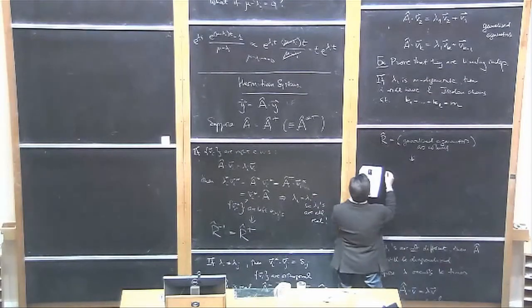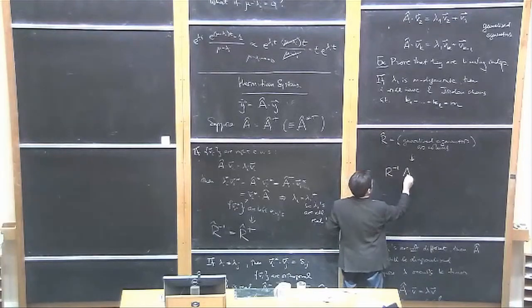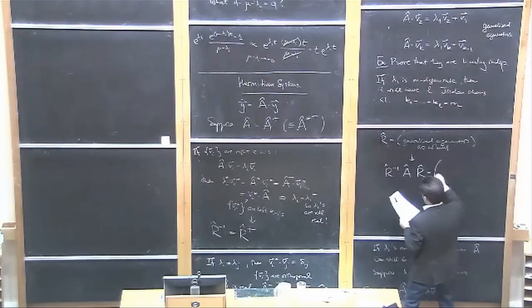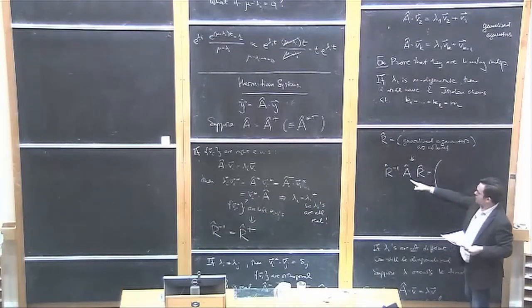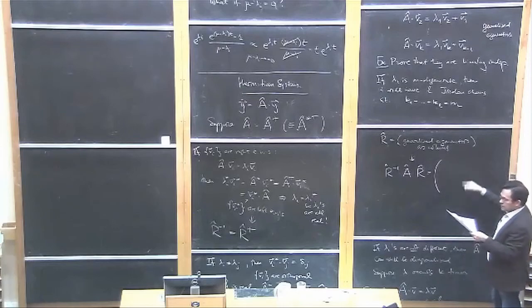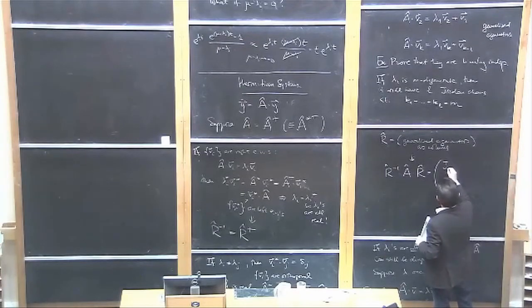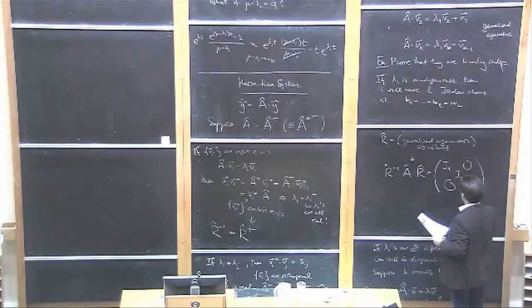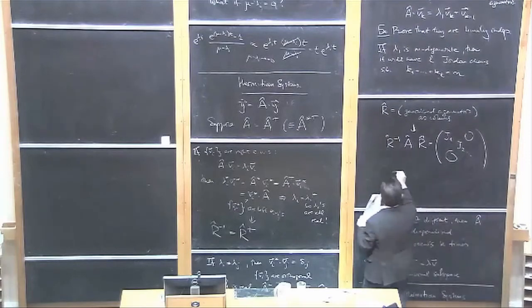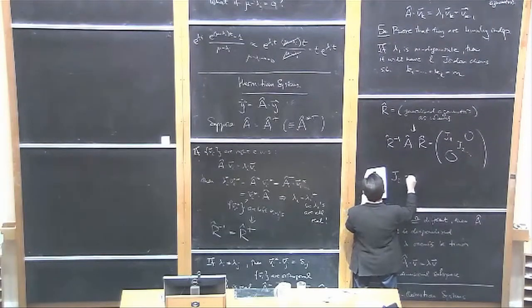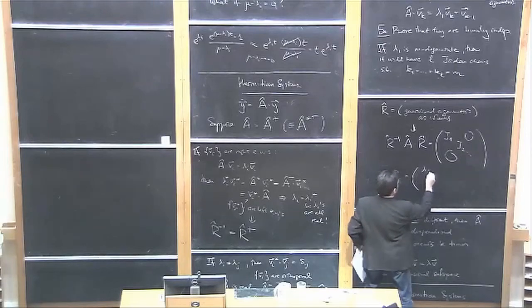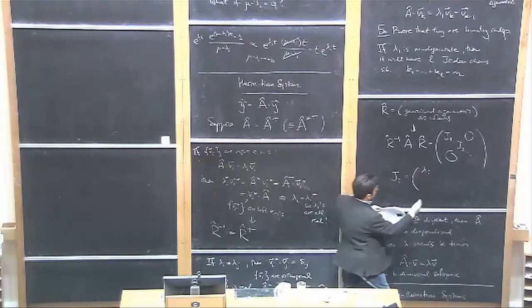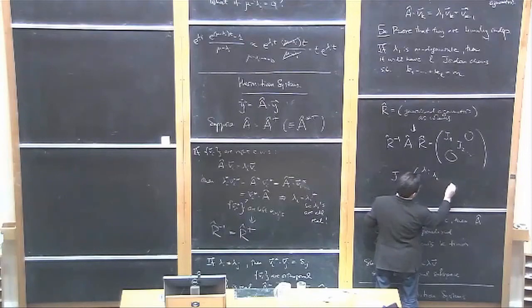And what I will then find is that R minus 1 dot A dot R will look like this. It'll be a matrix consisting of so-called Jordan blocks, which I will call J1, J2, etc., and zeros here. And each Jordan block looks like this. The eigenvalue associated with it will be repeating itself on the diagonal.